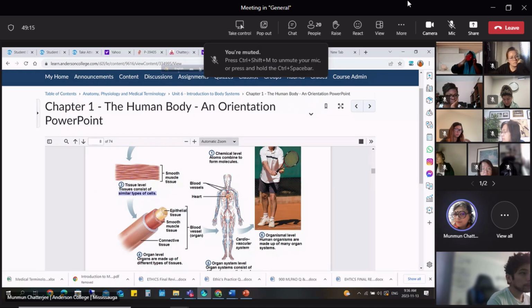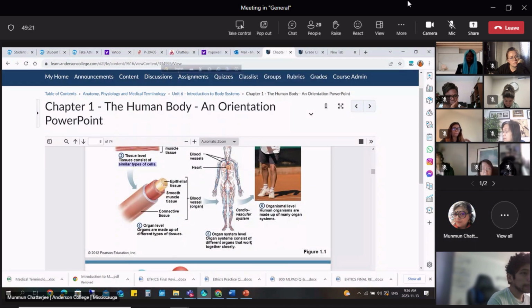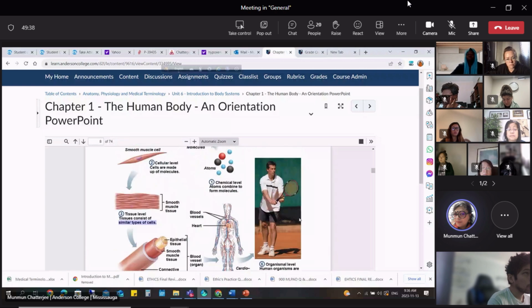You need the brain and heart to control all the systems. So all the organ systems work together to form a human being, or any organism. Not just the human being, all the animals, plants, everything. So how it works, and from this organ, when it ultimately goes to the organism, I already told you.